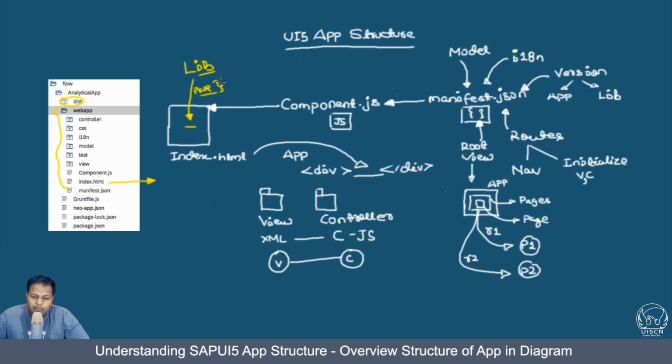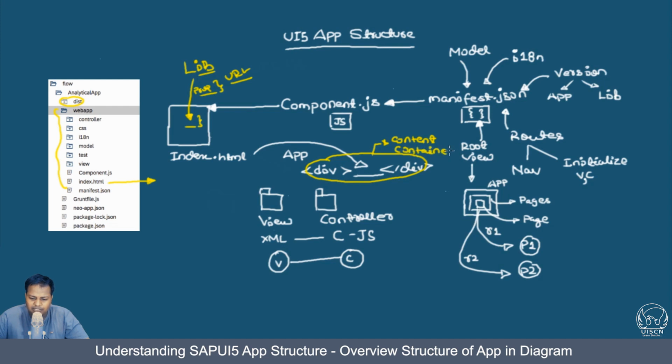We can also pass the same properties in the URL, but most of the time they are specified in the index bootstrap phase. And in the index.html page we have the div. Mostly this div ID will be either content or container.